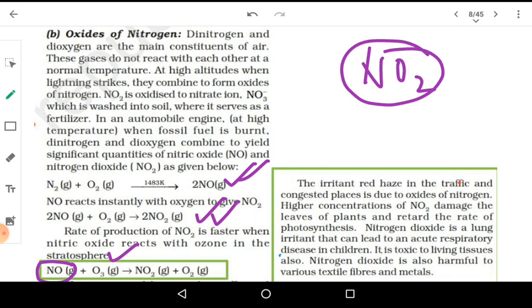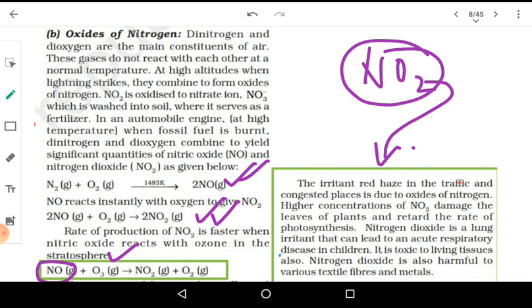So let us now see some of the harmful impacts of this NO2. If you look at the traffic of Delhi or any other metropolitan city, we can see that there is an irritant red haze, right? This red haze is due to the oxides of nitrogen.